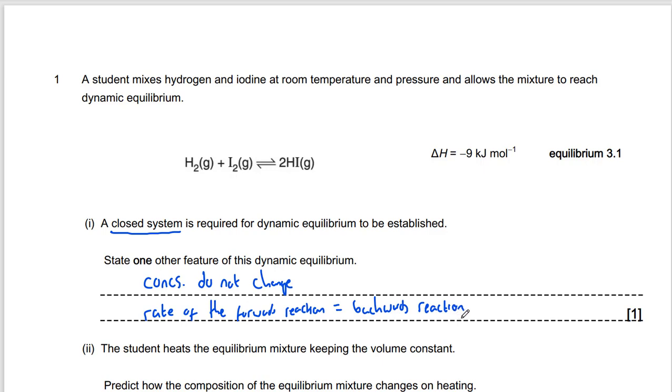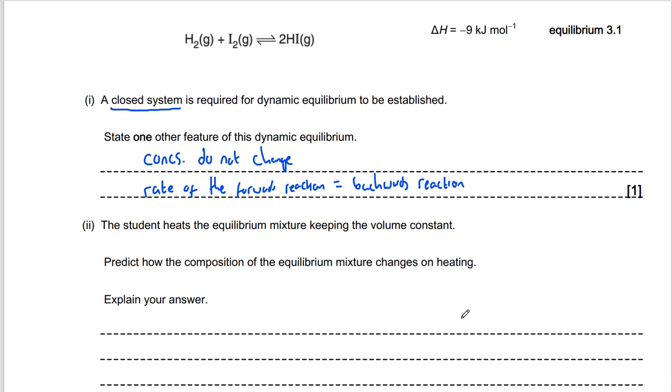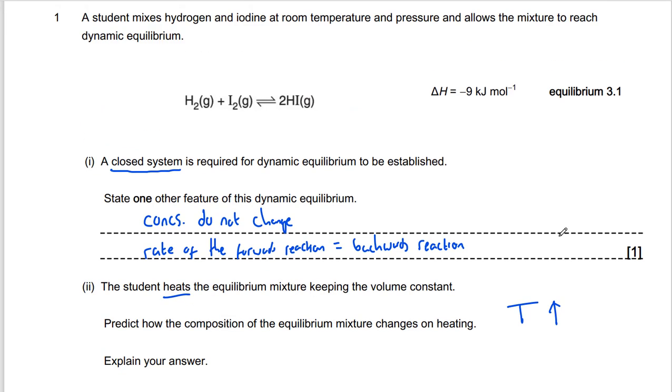And now we go on to the more complicated questions, which are essentially, what happens if I do X? So in this case, they're heating the equilibrium mixture. Just to be very clear here, temperature is going up. Predict how the composition of the equilibrium mixture changes on heating. So, in order to work this out, we go back up to our equation.